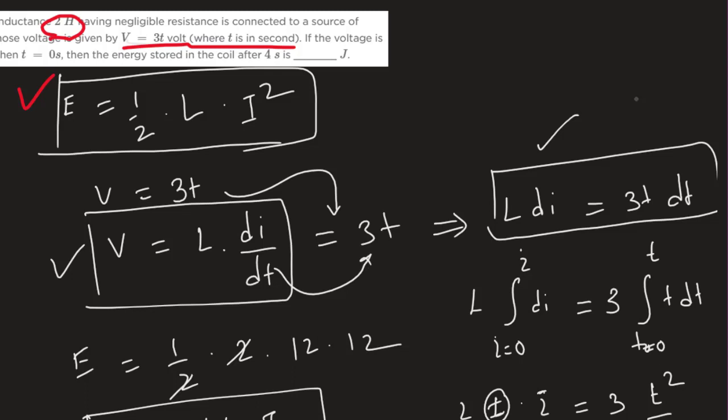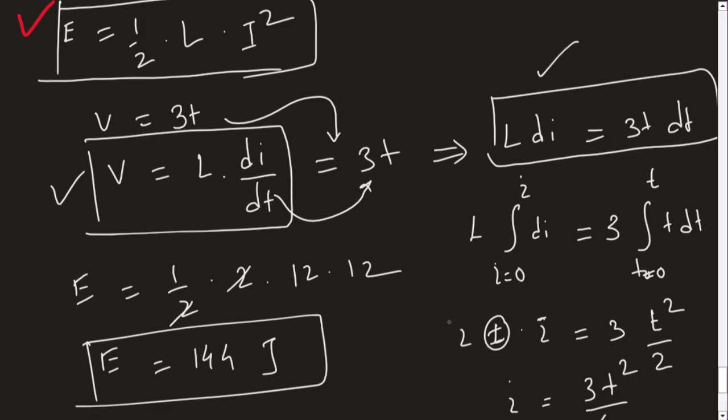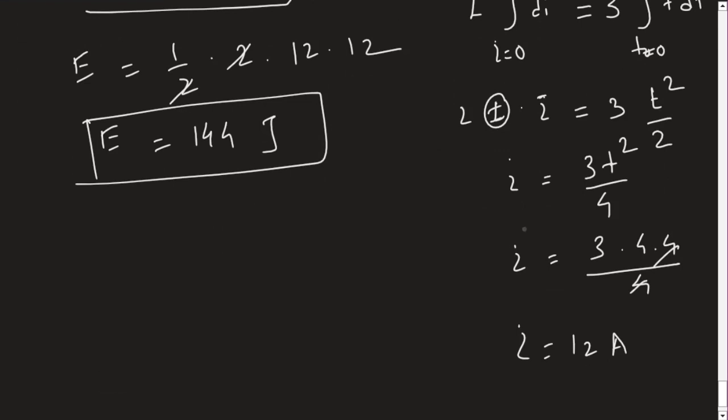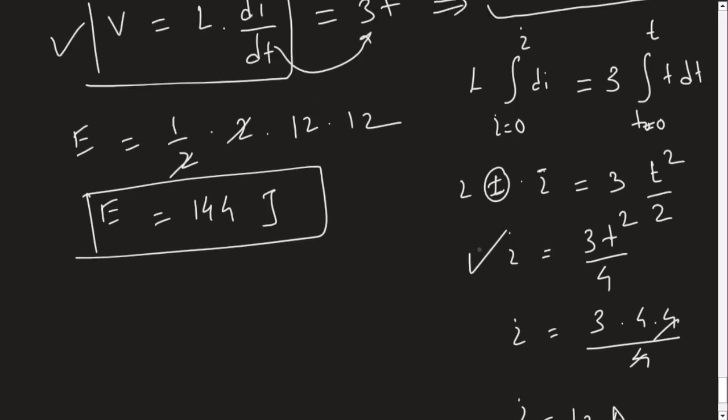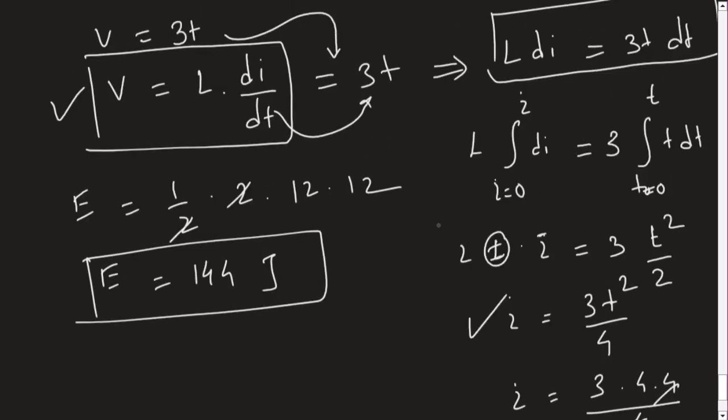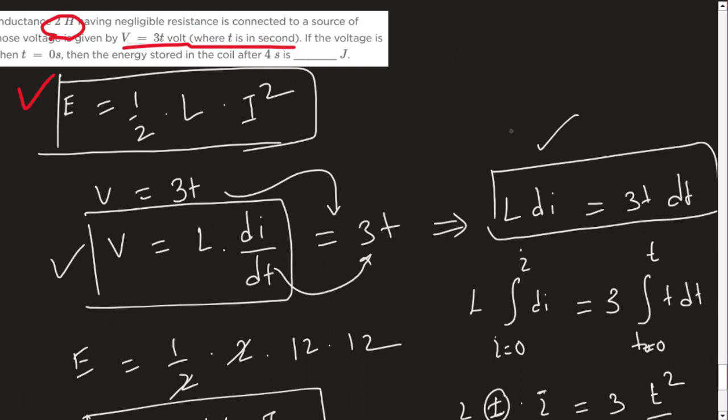That's why we have done the integration over here. And after the integration, what we have got is this particular formula for the current. I is equal to 3t square divided by 4. And once we know the current, then it is very simple. We have to just use this formula. Energy is equal to 1 half Li square.